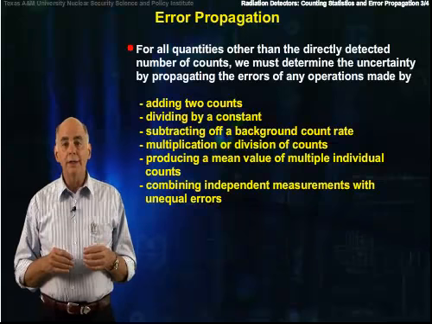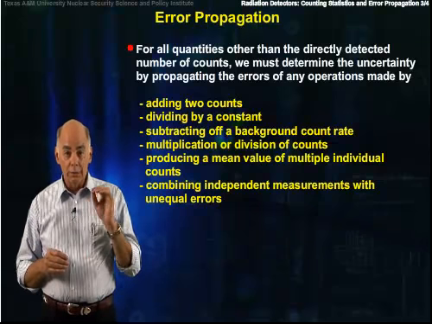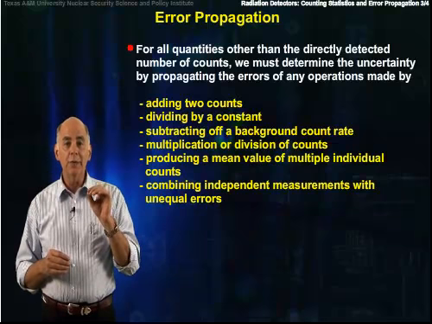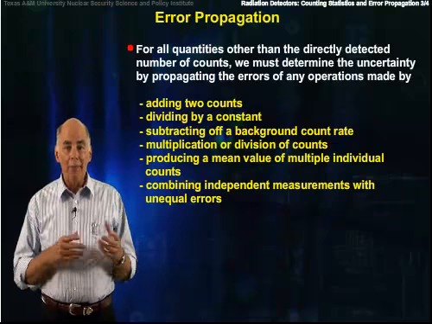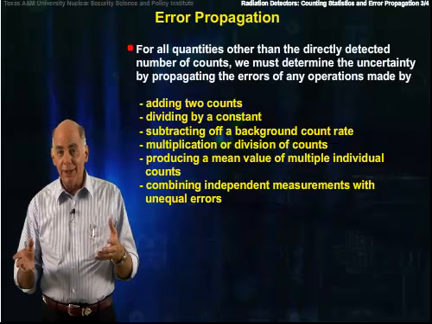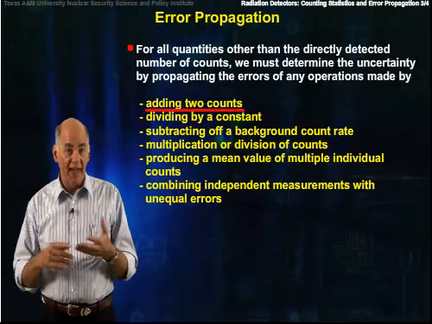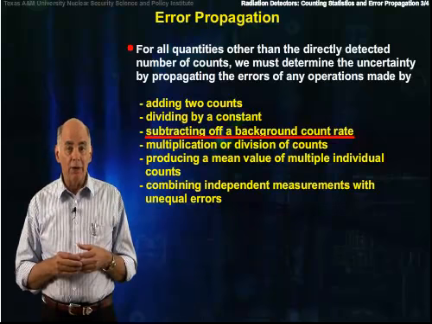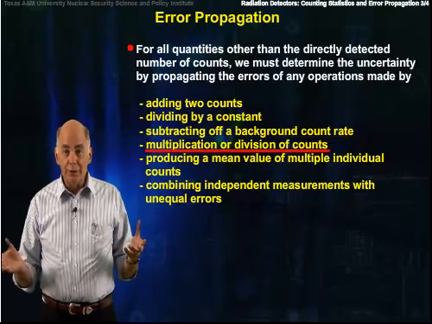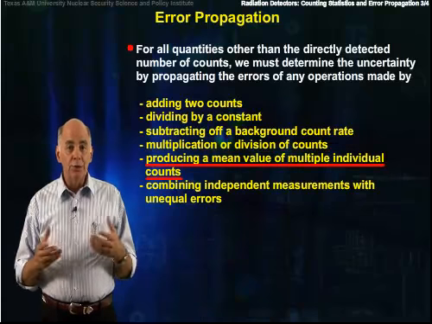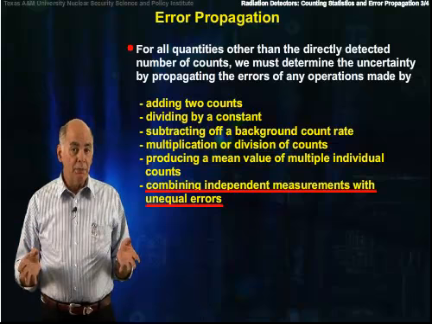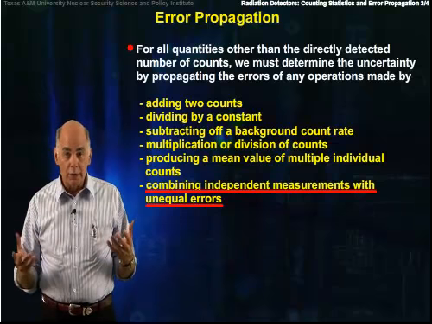For all quantities other than the directly detected number of counts, we can determine the uncertainty by propagating the errors of any of these operations made by adding two counts, dividing by a constant, subtracting off a background count rate, multiplication or division of counts, producing a mean value of multiple independent counts, combining independent measures with unequal errors.